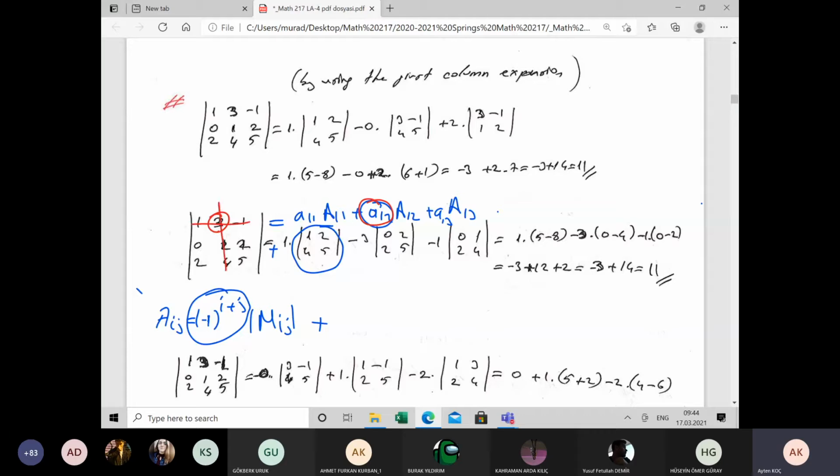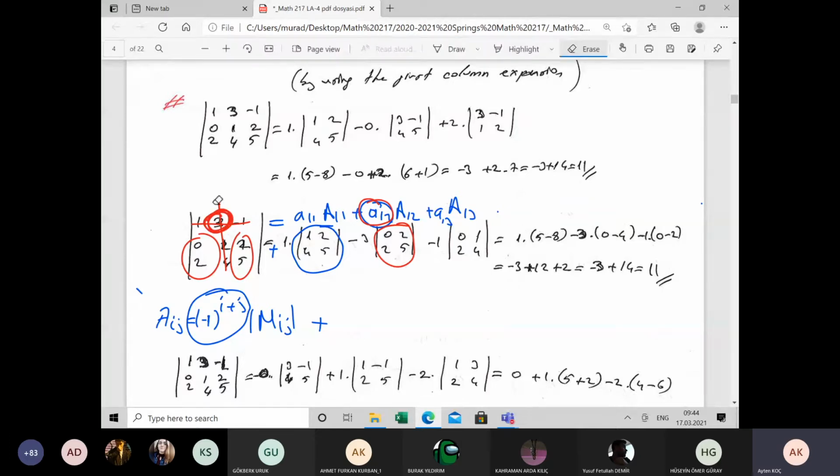We obtain the submatrix 0 2 2 5, and multiply by the entry here, 3. The sign of the position is minus 1 to the first row and second column, and that gives minus 1.